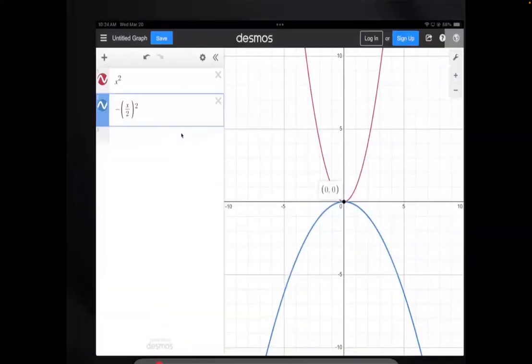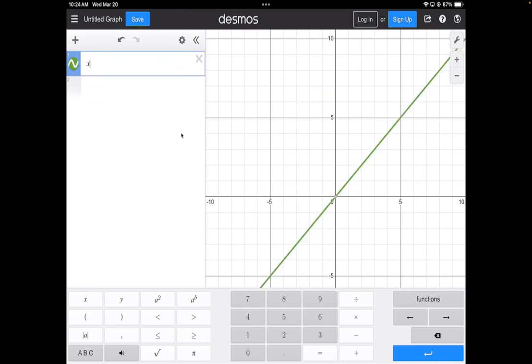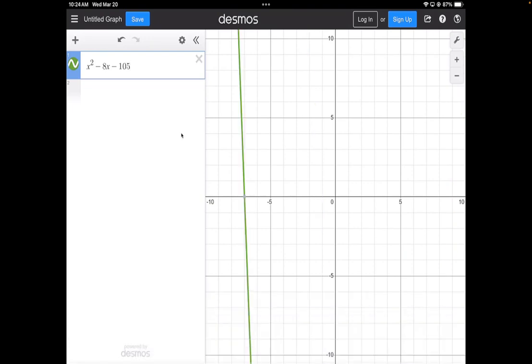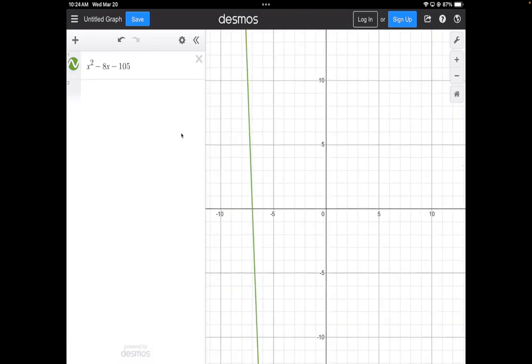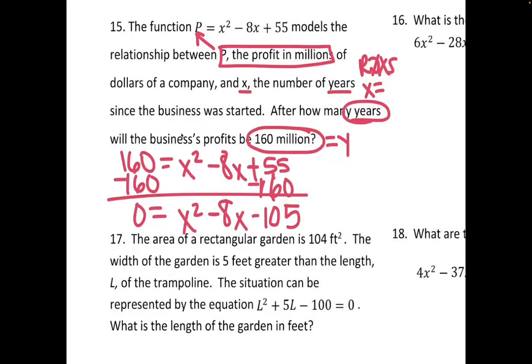Now, this is going to give us 2 roots, but if we're talking about years, we have to only look at the positive root. So here's my negative root, but it doesn't make sense to have -7 years. My positive root would be 15. So that's my answer I'm going to write. So we're going to say 15 years, right? It doesn't make sense to use that negative root.